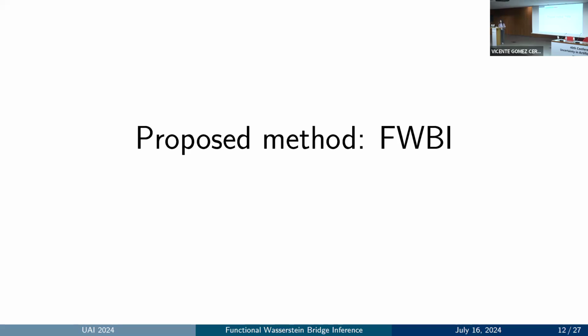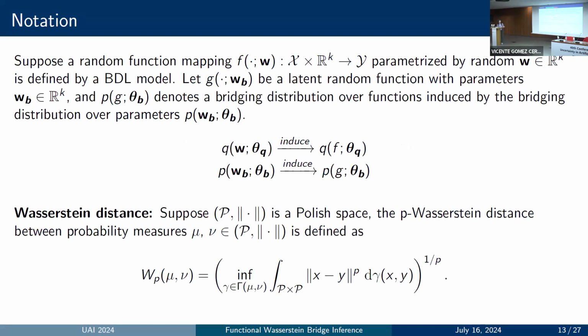So in this part, I will introduce our newly proposed functional variational inference method using the Wasserstein bridge as the dissimilarity measure for distributions based on the Wasserstein distance, which can avoid the limitation of KL divergence for distributions over functions. Let's begin with the notations.